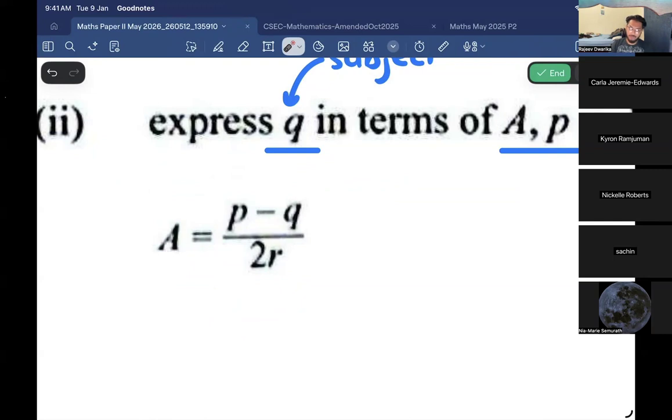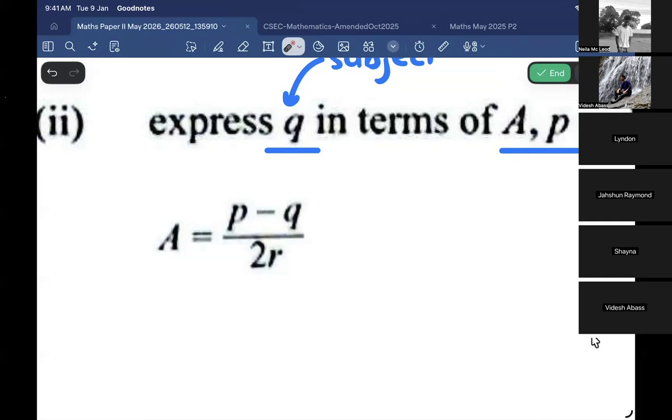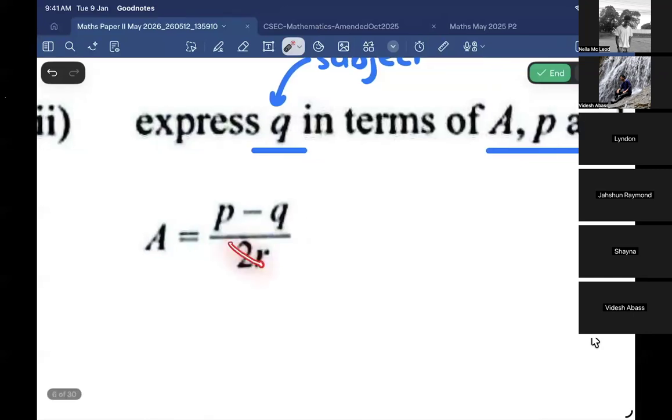I want to get rid of that 2R. So Shina, if I want to get rid of the 2R, what should I multiply by on both sides? What would cancel off with the 2R?